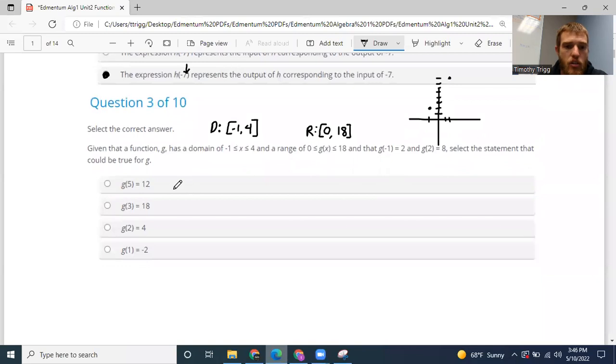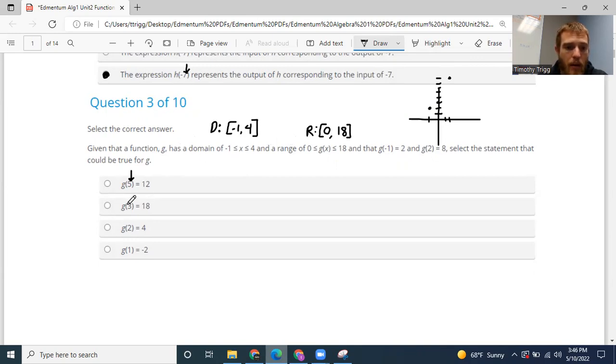Then it says, can g of 5 equal 12? I suppose it could. Well, actually, no, it can't, because our domain is only from -1 to 4. We can't have a 5 for our domain, because 5 is not in our domain here.